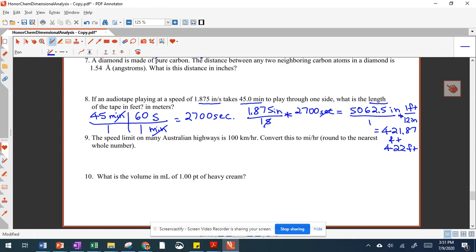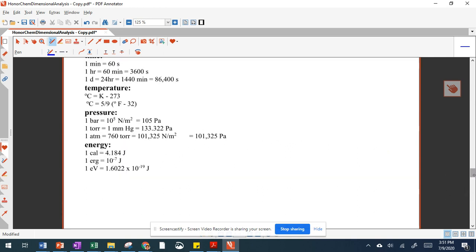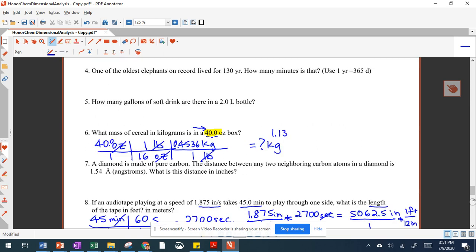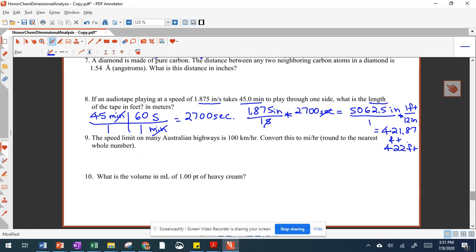Now we're going to convert that into meters. So let's go back up to the previous page and figure out what would help us to do that. Let's go to length, and we see that 1 foot is 0.3048 meters. So we're going to take our unrounded number, 421.87 feet, times 1 foot, 0.3048 meters.